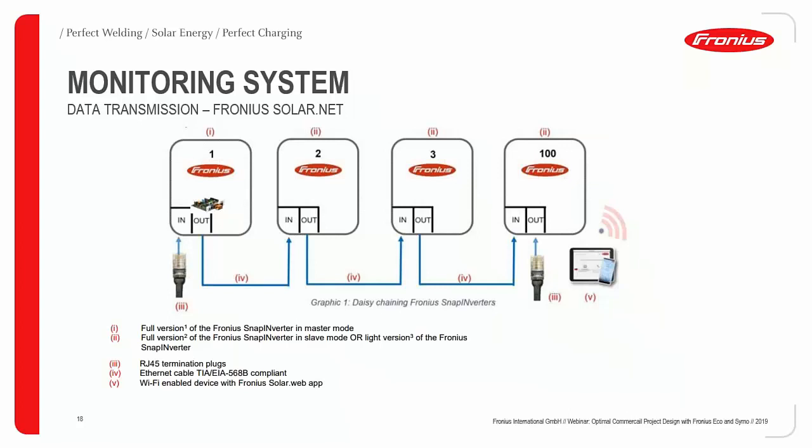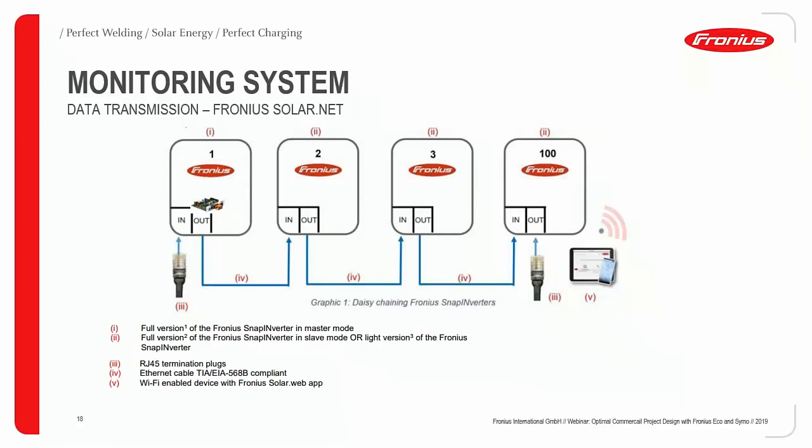So the best solution is to use one full version inverter as master and the others as light version. Under one full version master inverter, you can monitor up to 99 inverters, but we recommend using 30 light inverters under one master inverter, so if any problem happens in the communication cable, you can easily find it.